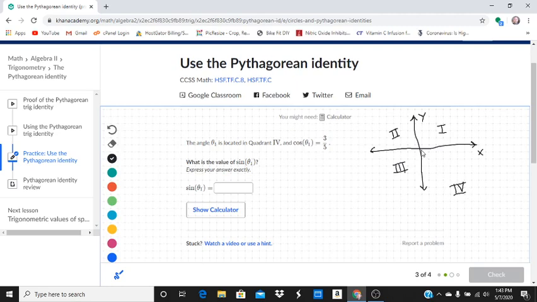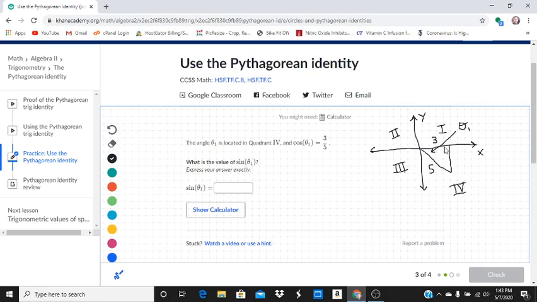Okay, so we're going to draw a right triangle here. And this angle here is our theta sub 1 angle. Okay, and the cosine is the adjacent side, so 3 over the hypotenuse 5.